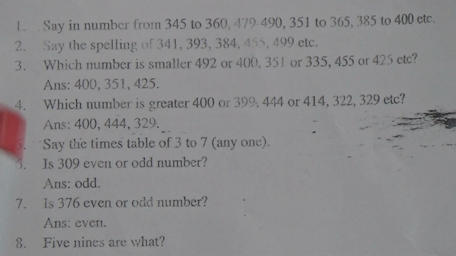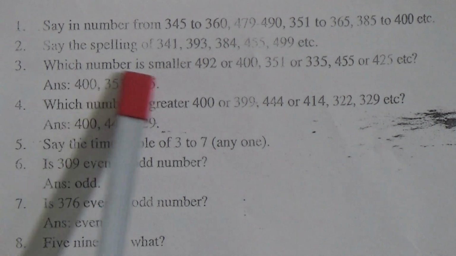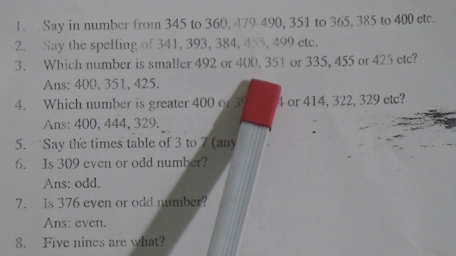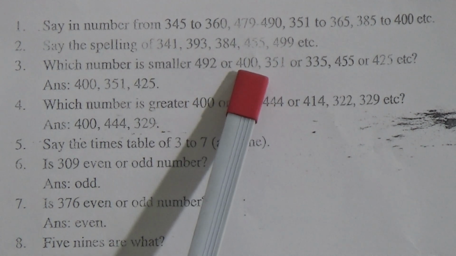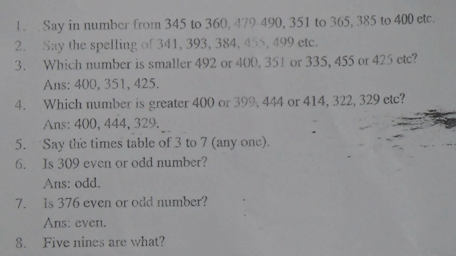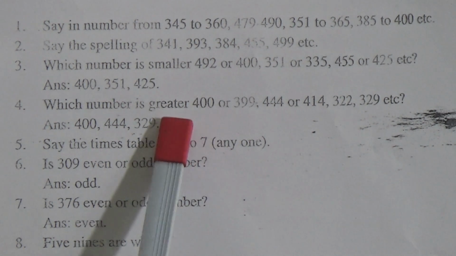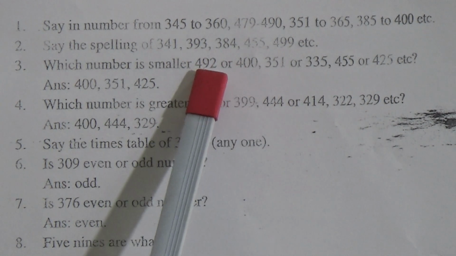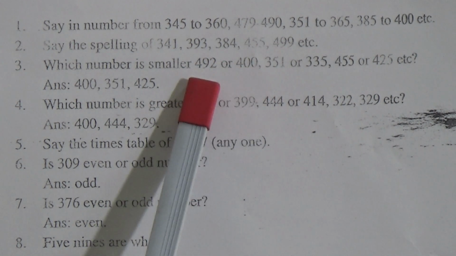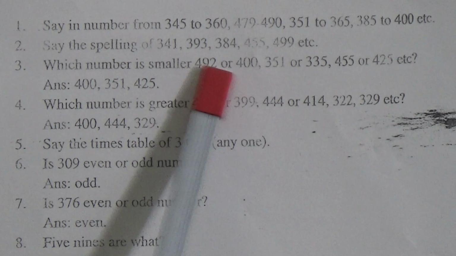Okay. Question number 3. Which number is smaller? That means two numbers are given, 492 or 400. Between these two numbers, which one is smaller? My students, notice here the hundreds place is the same, 4 and 4, but in the tens place here is 9, here 0.